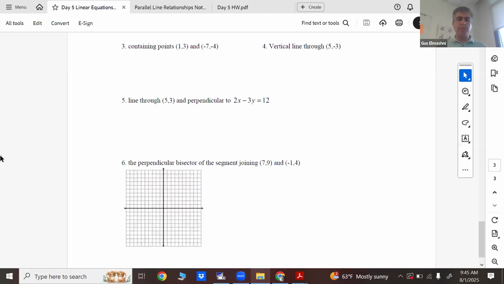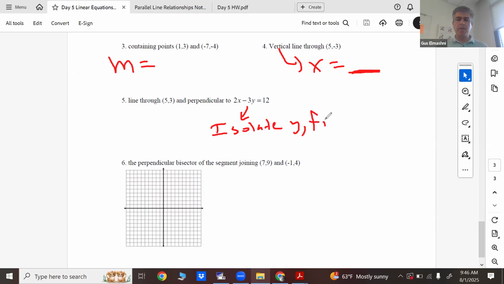What I want you to do is find the slope. If it's a vertical line, it's going to be x equals something. For 5, you'll need to isolate y, and then find the slope, and then do the negative reciprocal. I'll abbreviate negative recip. For 6, what does it mean to bisect?